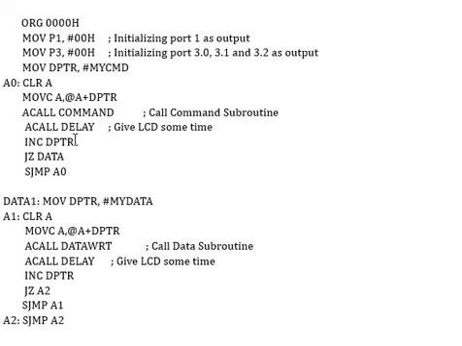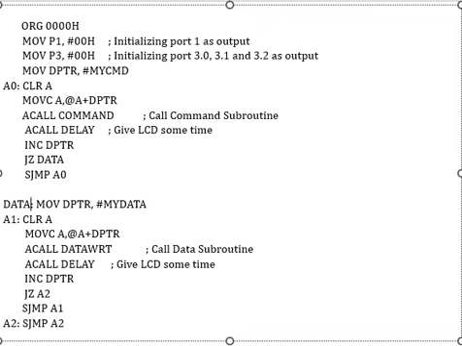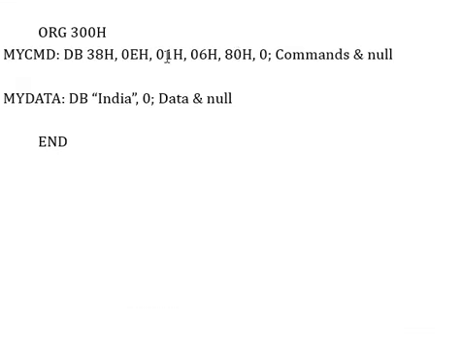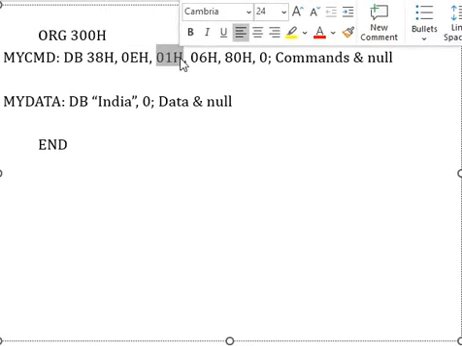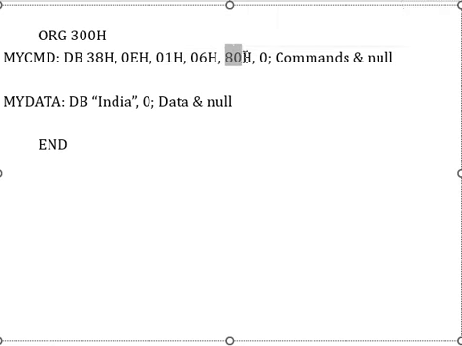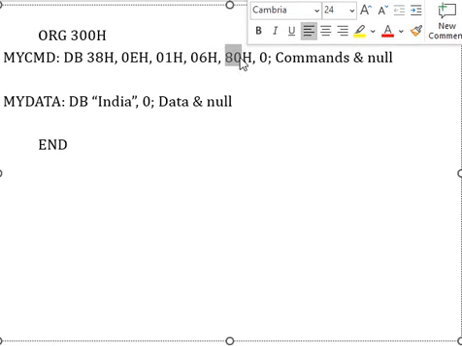After incrementing the DPTR, it will check whether the data is 0 or non-zero. If the data is 0, it will shift to the data subroutine, that is here. So when my 0 value is reached, after reading the first location, second, third, fourth and fifth, meaning a total of 5 contents, the 6th content is 0.